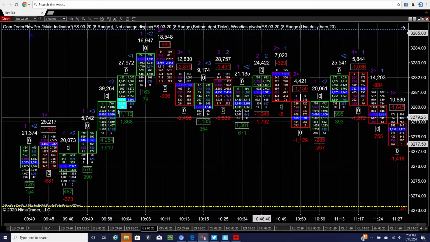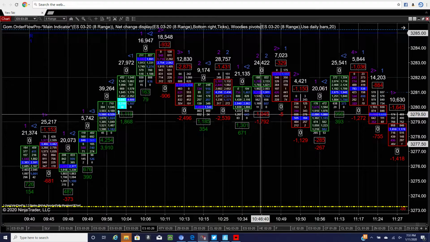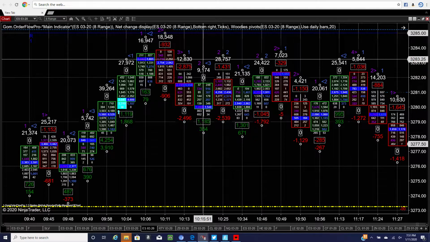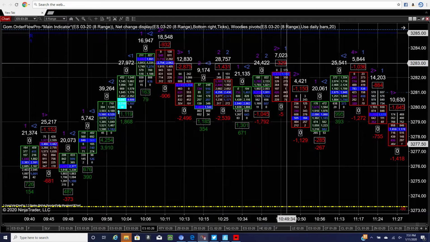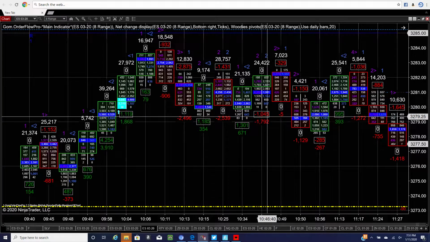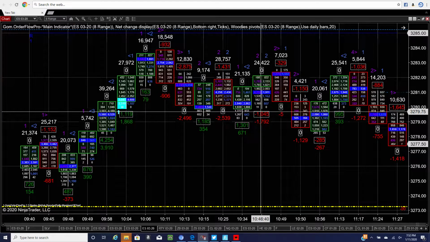I want you to pay attention to where this negative COT placed itself, because where are all these other negative COTs? They're on the top of the range bar, right? This one is not. That's another tip off.